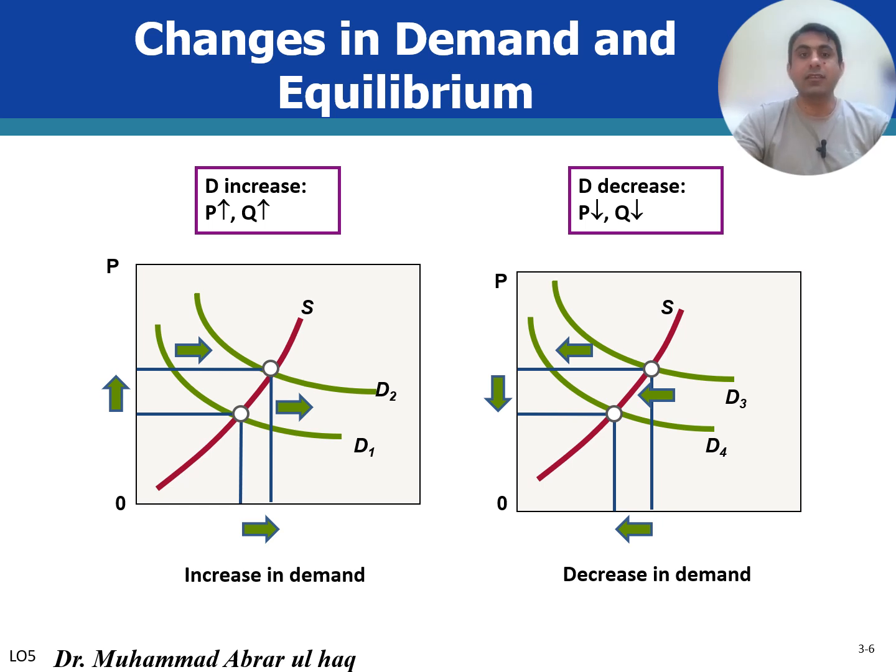Firstly, the demand curve shifts rightward. The demand is increased, indicating that at any given price level, the consumers are now willing to buy more of the product. As a result, the equilibrium price of the good or service will rise, reflecting the increased willingness of consumers to pay higher prices to obtain the now more desired product.